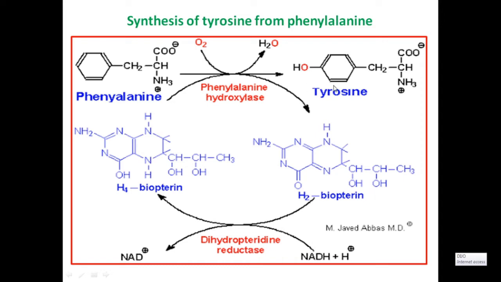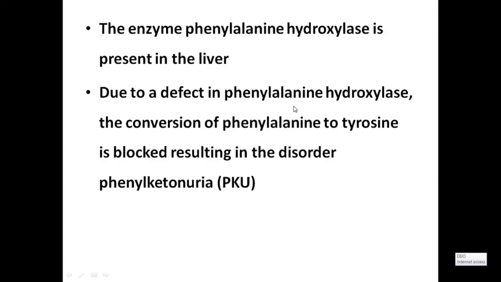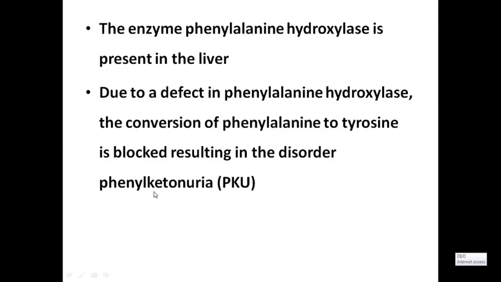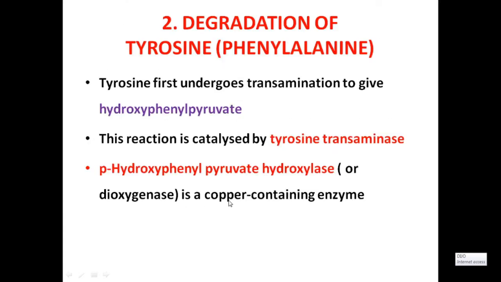When it is defective, this reaction is blocked. What is the result? The disorder phenylketonuria. So when the conversion of phenylalanine into tyrosine is affected, it will cause the disease phenylketonuria.